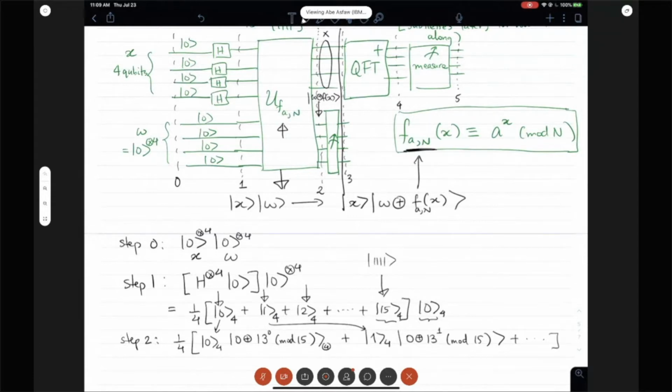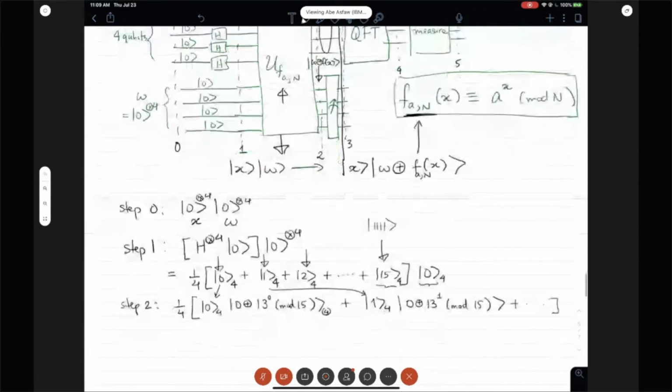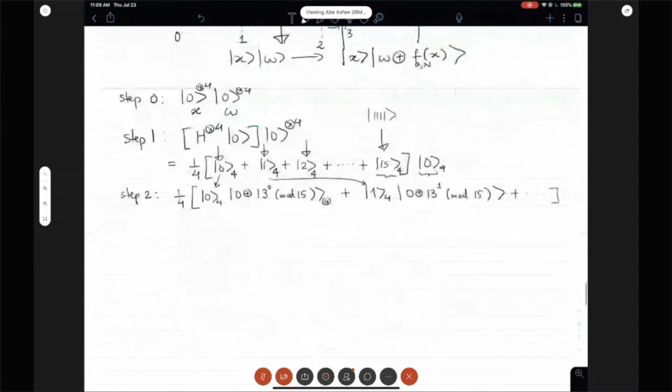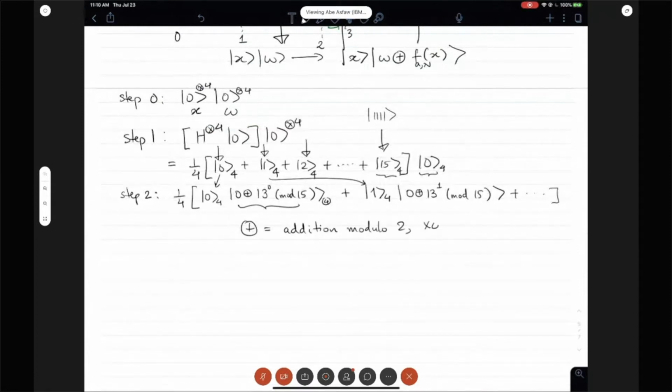Now let's look a little bit more closely at what these terms mean. But before we do, I would like to point out what an expression like this means. If you remember, plus with a circle around it means addition modulo 2, or you might also know it as XOR if you're an electrical engineer. The thing to know about this XOR operation is that anything XORed with 0 is that thing itself. So all of these 0 XOR things end up just giving you the number itself.